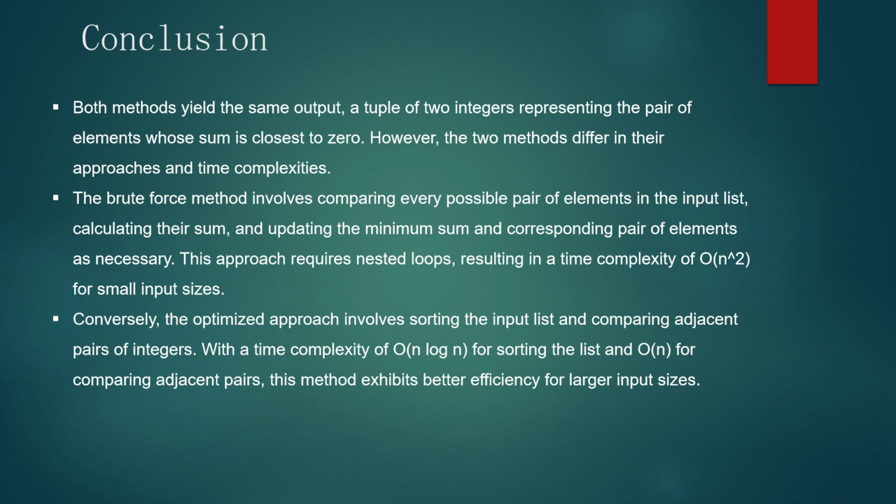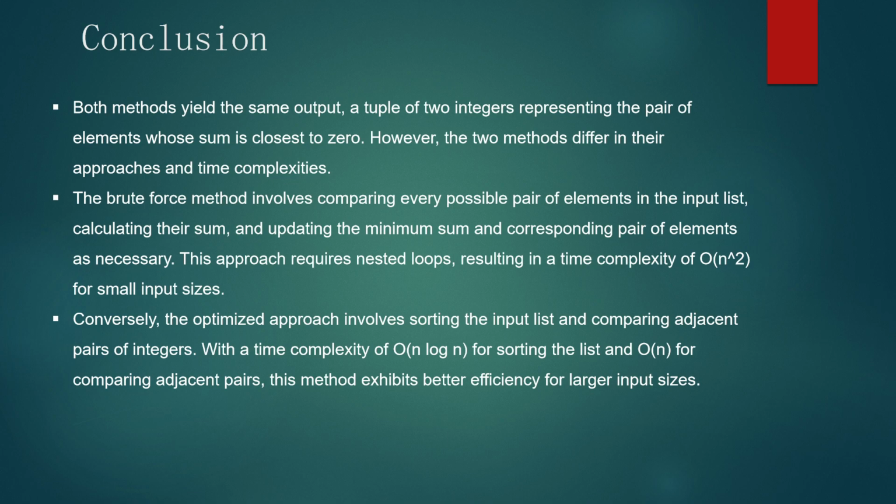The brute force method involves comparing every possible pair of elements in the input list, calculating their sum, and updating the minimum sum and corresponding pair of elements if necessary. This approach requires nested loops, resulting in a time complexity of O(n squared), suitable for small input sizes.